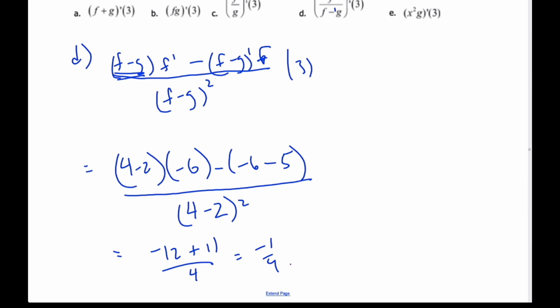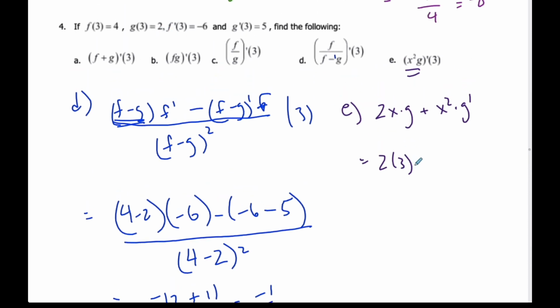Finally, we have E part here. Well, this is a product, but this is x squared as the product. And so if I'm going to find the derivative, I do the first part, 2x times g plus x squared times g prime. And so now I take my 3 and I plug it in. It's 2 times 3 times g at 3.